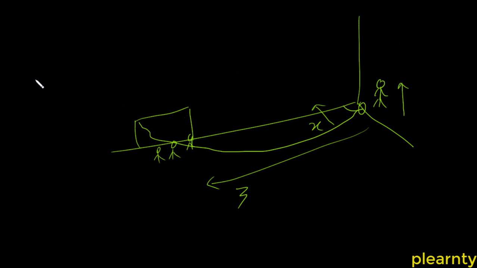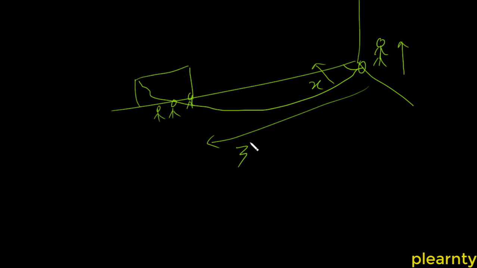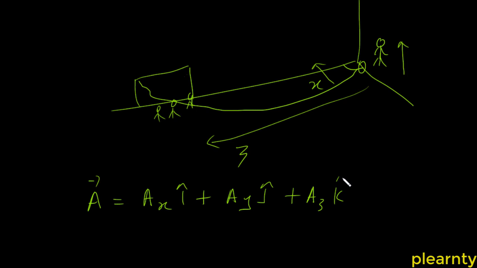So if we want to represent this whole thing with a vector, we could say if this is A, the vector A is equal to AXI plus AYJ plus AZK.